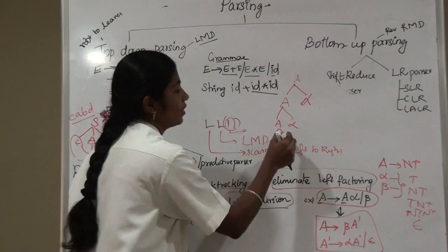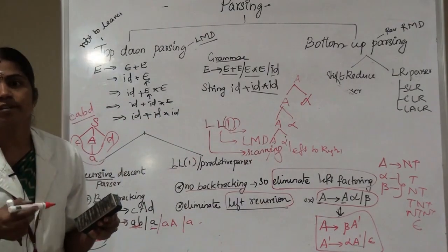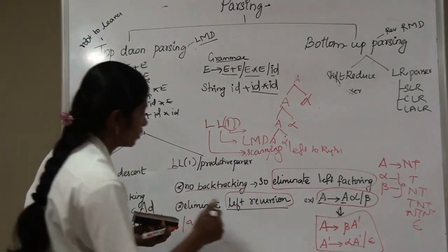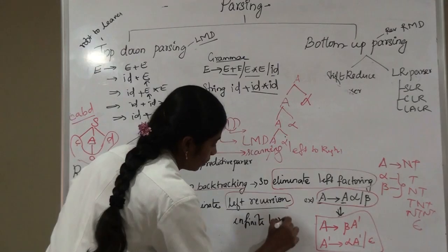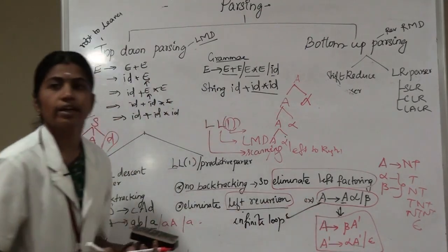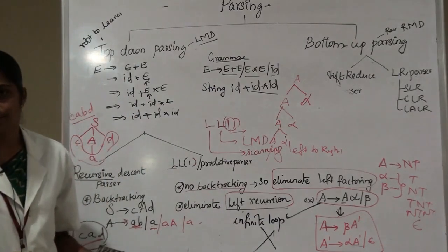Again I define this A with A alpha. Like this it goes on. So this leads to an infinite loop. This type of production will lead to an infinite loop, and you should not have an infinite loop in your grammar productions.